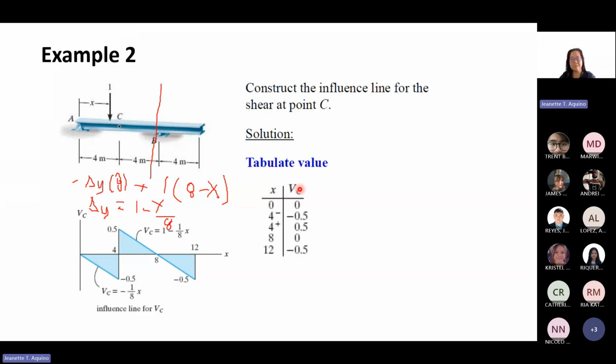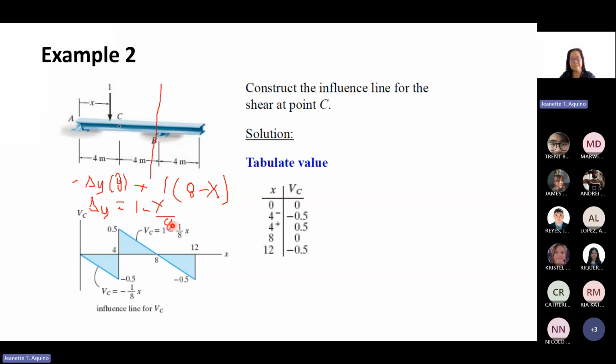So we can plot it here, 0. If x is on the left side, negative 4, that's why there is a negative sign.